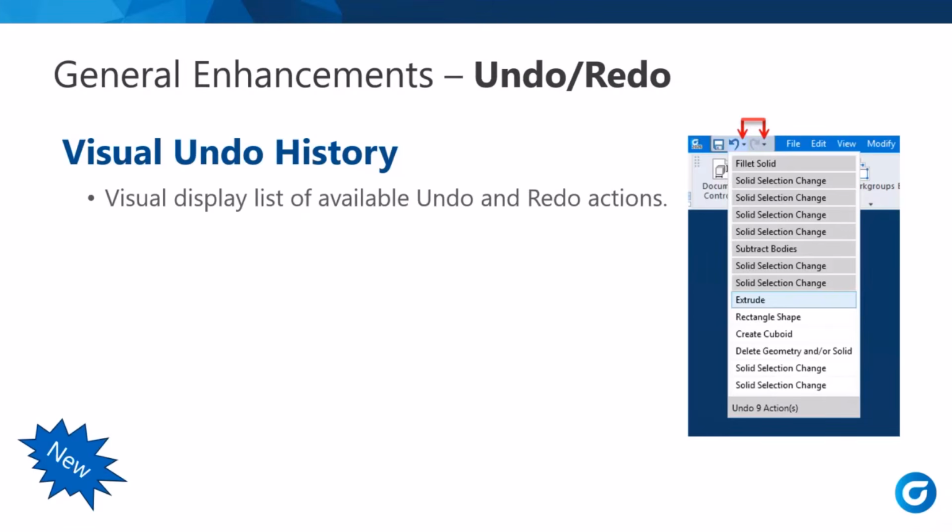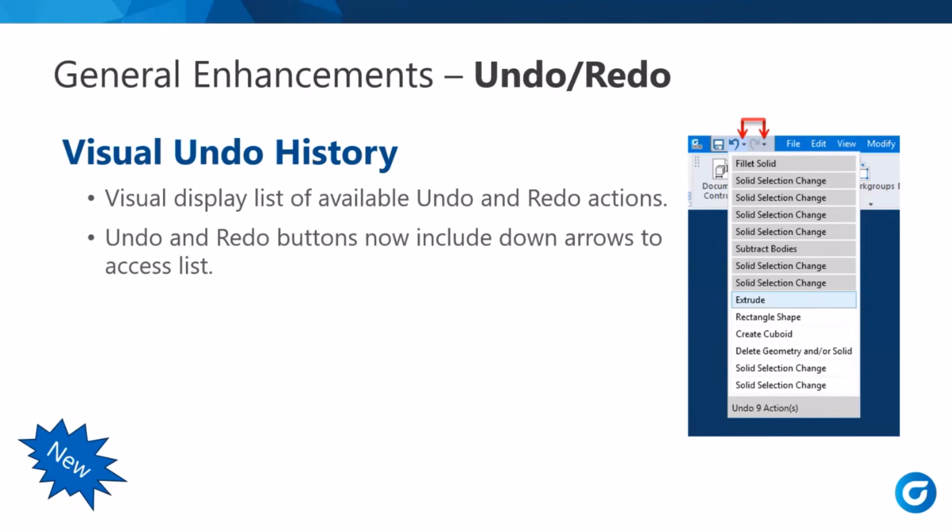All right, our next one is a visual undo history. So we've now got a visual display list of available undo and redo actions. And the undo and redo buttons now have, you'll notice, a little down arrow there.